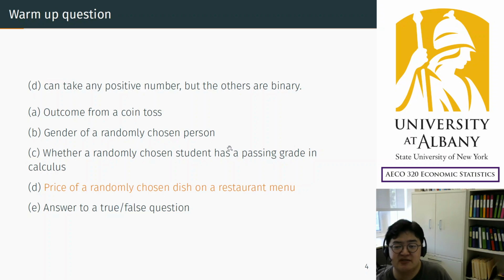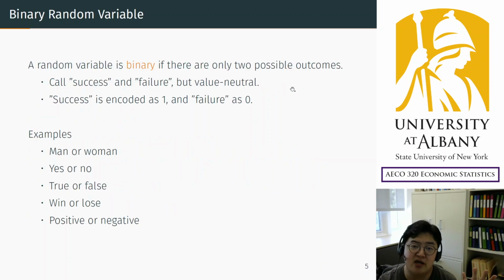A student has a passing grade: pass or fail. Answer to a true-false question is either true or false. So all the other four random variables have yes or no type binary outcomes. There are only two possible outcomes. We call that binary, right? A random variable is binary if there are only two possible outcomes.